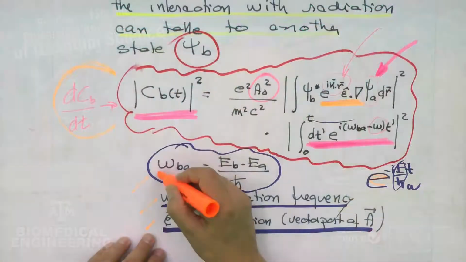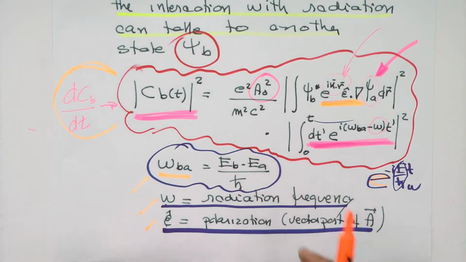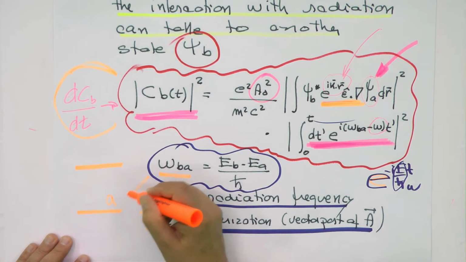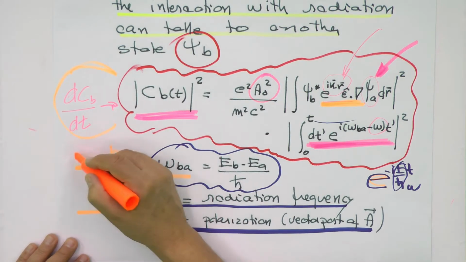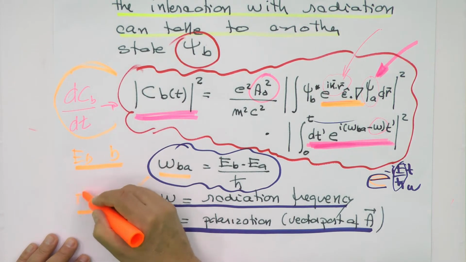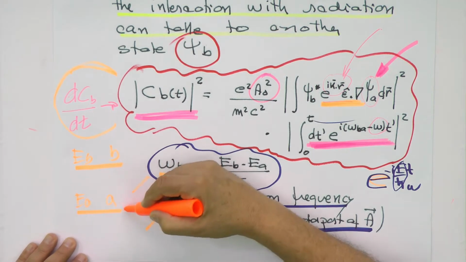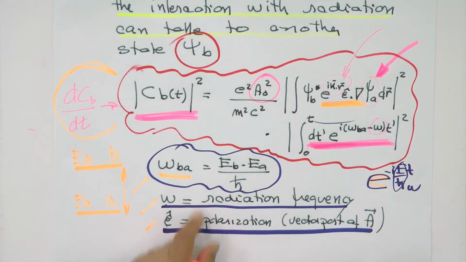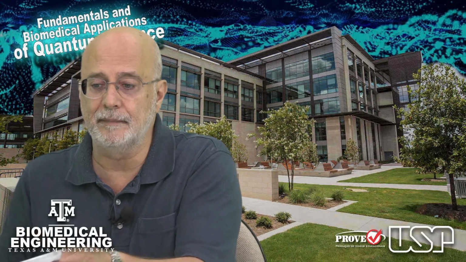And you have to remember that omega_BA now is just the energy spacing between the two states that the radiation is connecting. This is state A, this is state B. This has energy E_B, this has energy E_A, and the spacing between them, expressed as frequency, is this guy, right? And omega, of course, is the radiation frequency. It has to have one, right? Okay, very good. Let's keep this in mind, and let's now see when that's not zero.